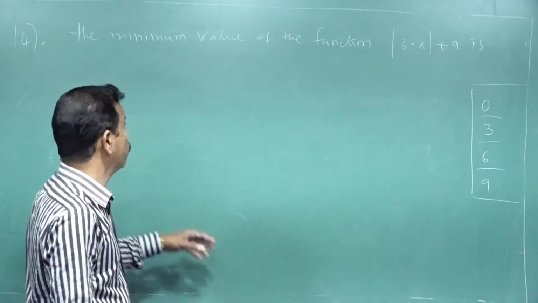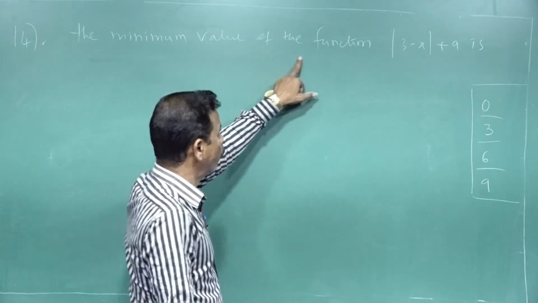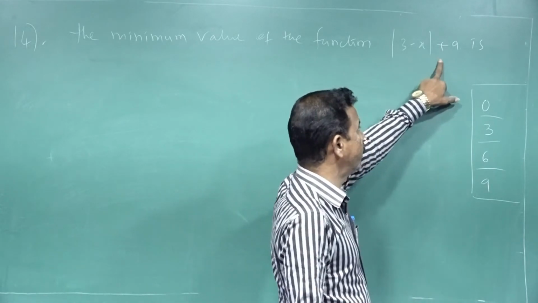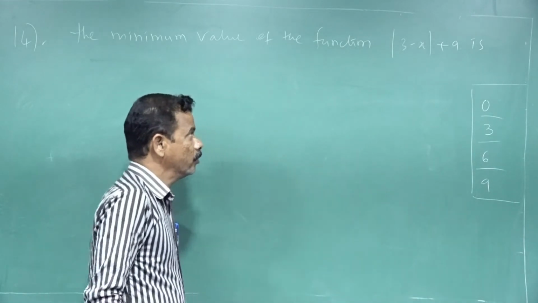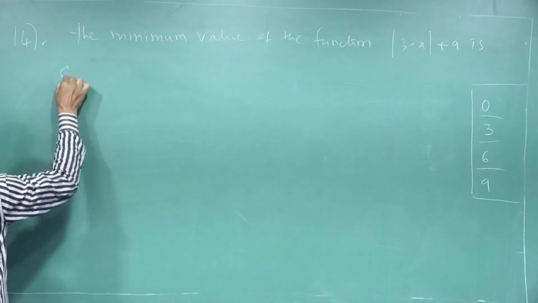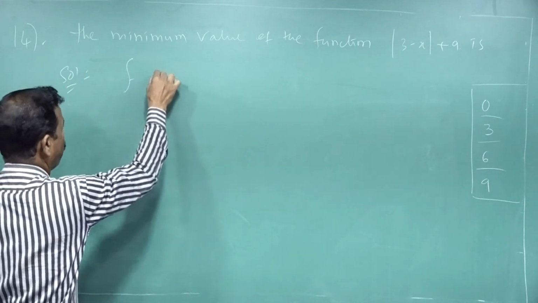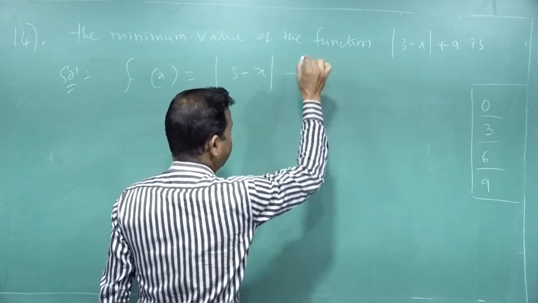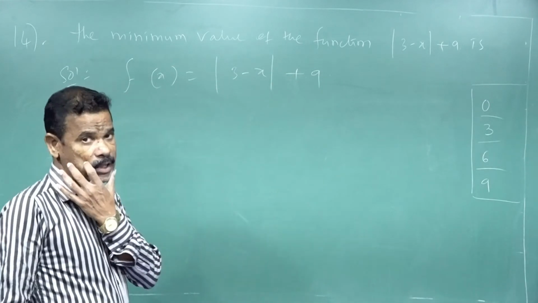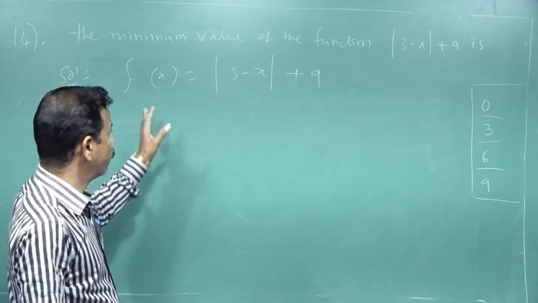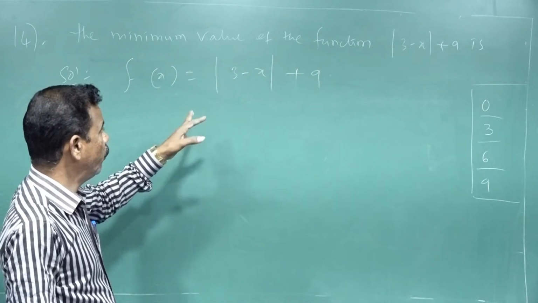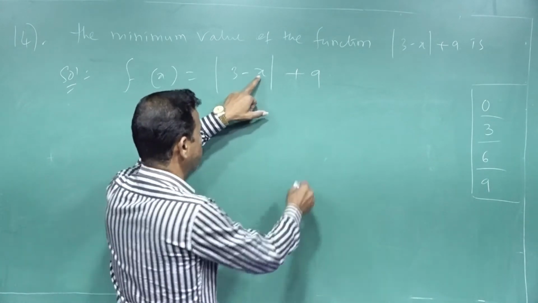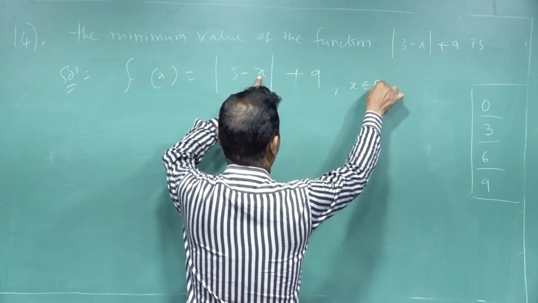14th question. The minimum value of the function mod of 3 minus x plus 9 is. Solution: here f of x is equal to mod of 3 minus x plus 9. He is asking for the minimum value. This function's domain is all real values, x belongs to all real values.